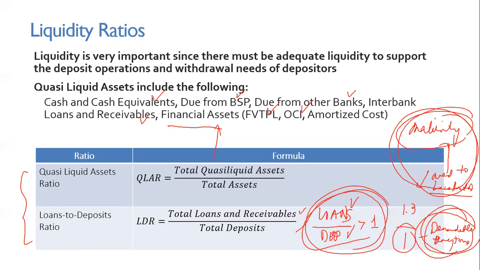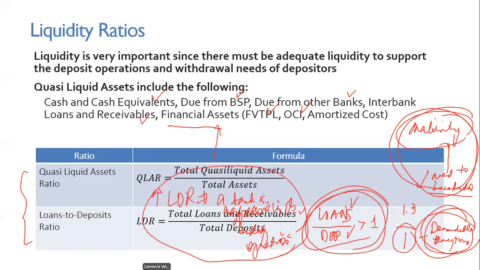Okay? Usually also a high loans to deposit ratio shows that a bank is aggressive, no, in its lending operations. Okay? So high LDR shows aggressiveness, high LDR shows lack of liquidity. Okay?